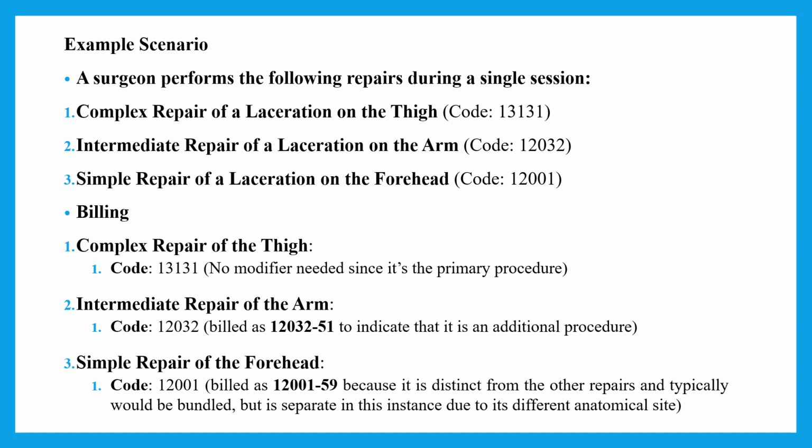If we are doing excision, simple repair is already bundled, but here they are doing a simple repair as a separate procedure. That's why we are coding simple repair. We need to add modifier 51 because it is distinct from other repairs and typically would be bundled but is separate in this instance due to a different anatomical site.